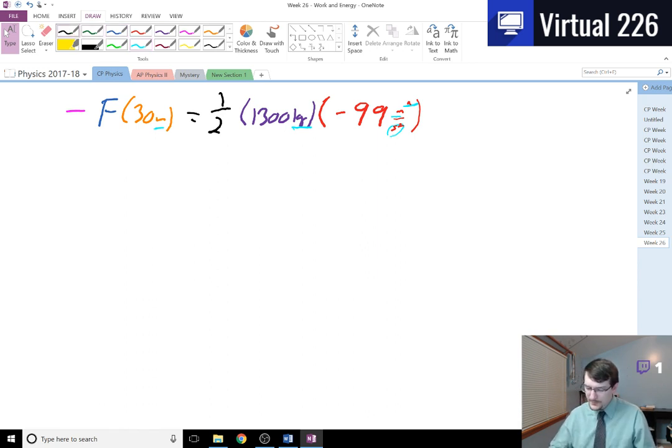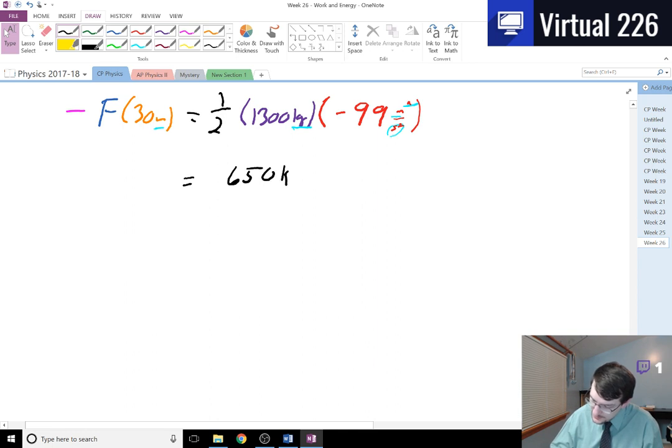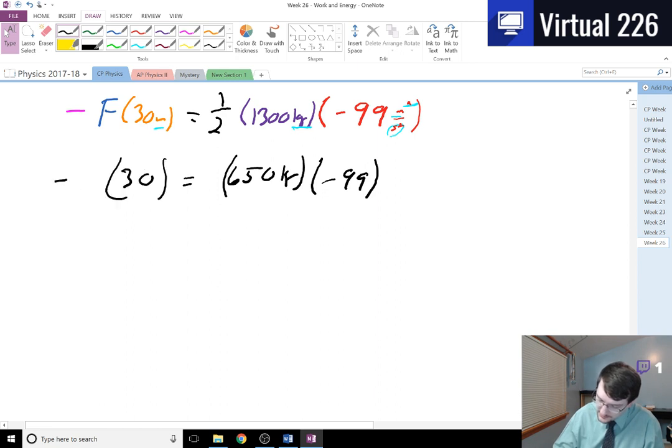I'm going to do 1/2 of 1,300. So 1,300 divided by 2, that's going to be 650 kilograms times negative 99 equals 30 times negative F. 650 times negative 99 gives me a giant number.